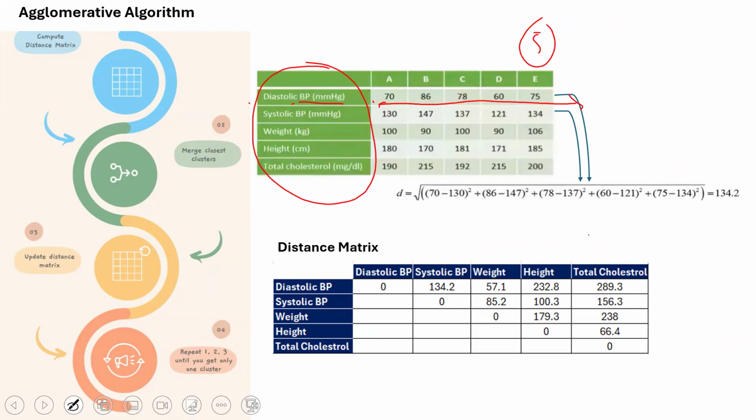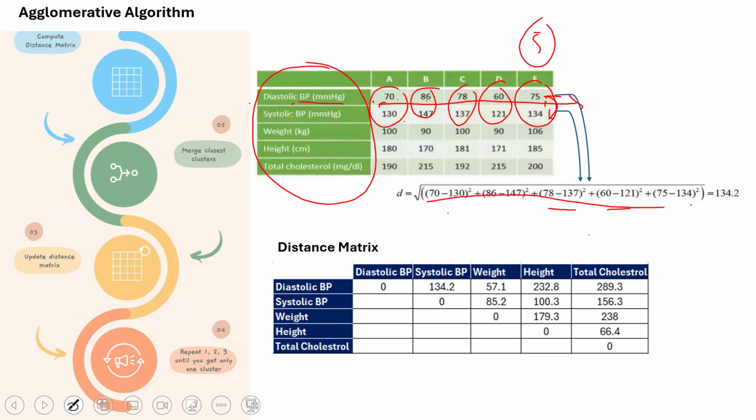The first step is to calculate the distance matrix. The distance matrix is nothing but calculating the distance between these two points, or these two vectors. If I calculate the distance between diastolic and systolic BP for all these patients, it comes down to (70 minus 130) whole square plus (80 minus 146) whole square plus (78 minus 137) whole square plus (60 minus 121) whole square plus (75 minus 134) whole square.